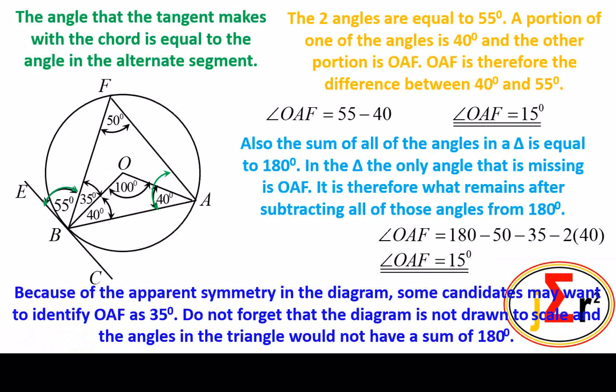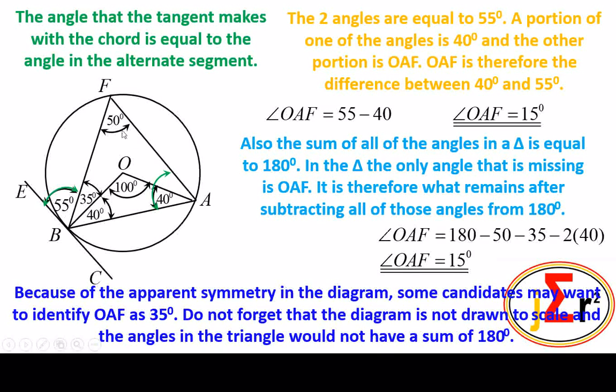Additionally, if we say that this angle is 35 degrees, 35 plus 40 will be 75. 75 plus 75 would be 150, plus 50, and that will be 200.